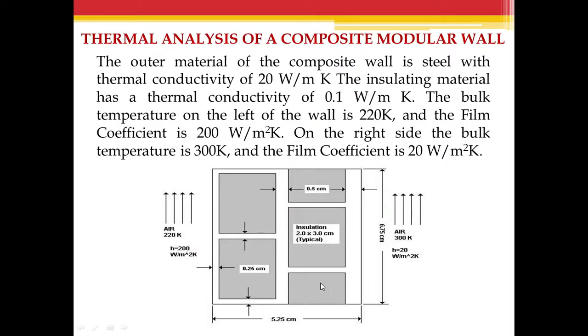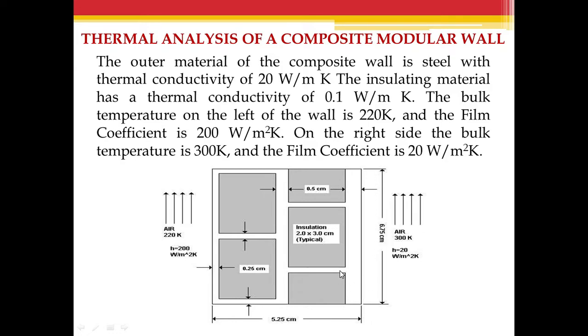To create this insulator, the total height is 6.75 and the total width is 5.25. Here it is the starting point of this insulator. For that, the distance is 2.75 divided by 100, that is x1 distance. x2 distance 4.75 divided by 100. To calculate the height of this insulator, the total height is 6.75.